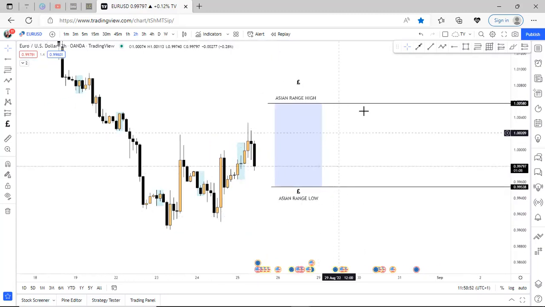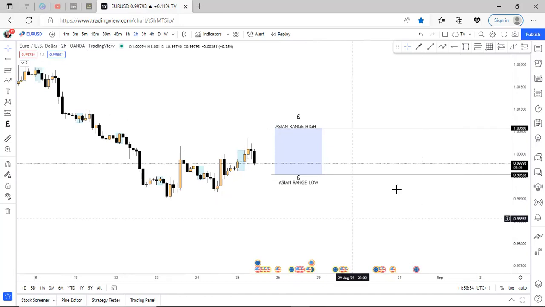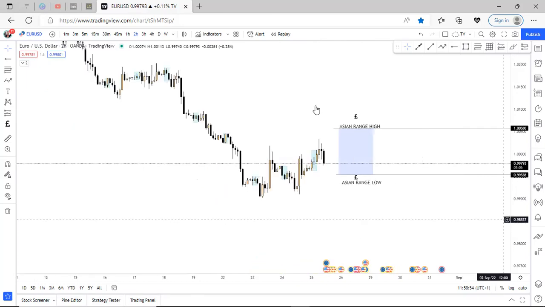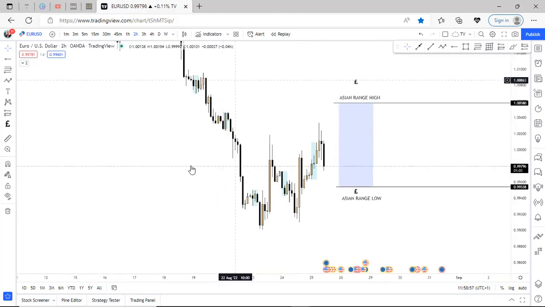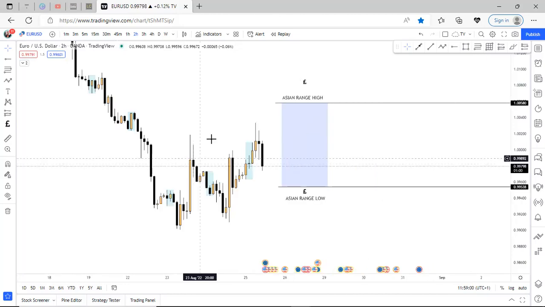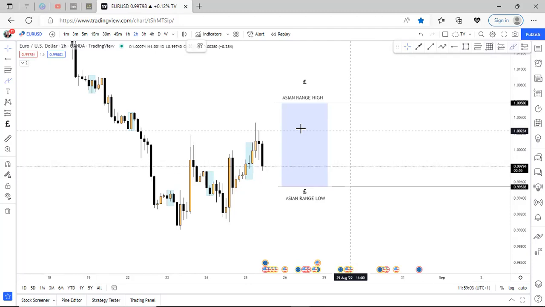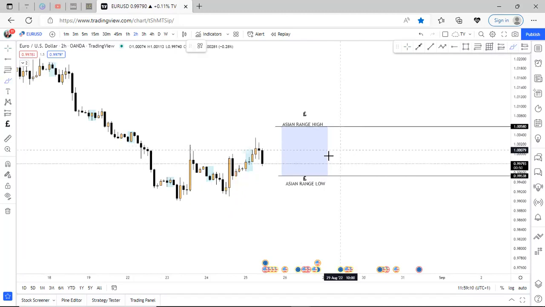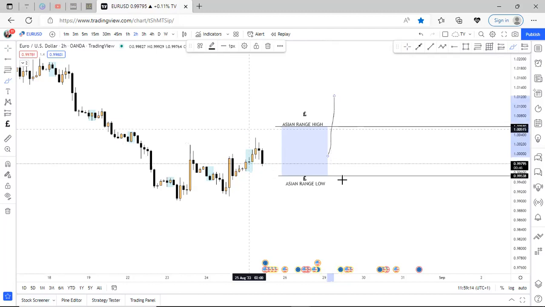I see it, and in order to take my trade for the day, if you backtest this on any pair, EU, GU, you notice that during the London session, depending on where price is headed, price will grab a particular side of the Asian range.